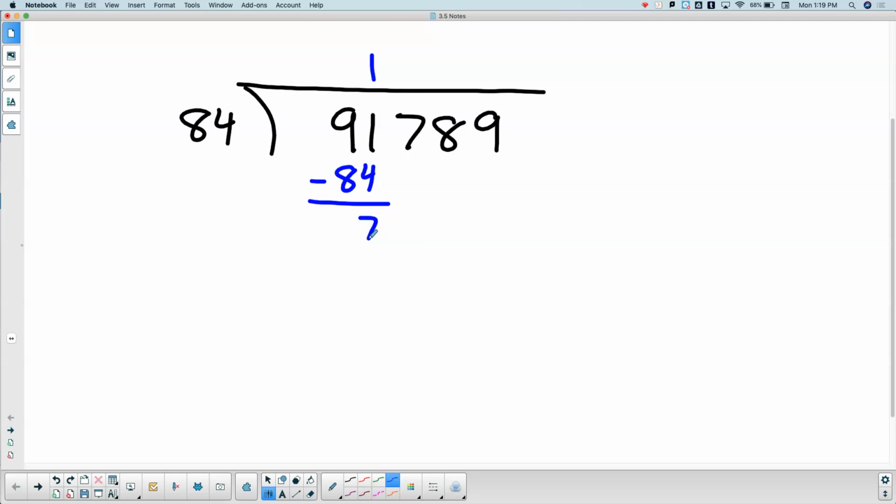Now I bring down the 7, yep. I drop it like it's hot. Okay, then what? So what do I put above the 7? A 0.